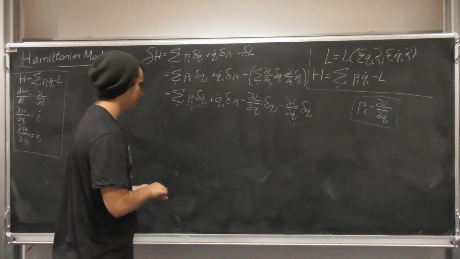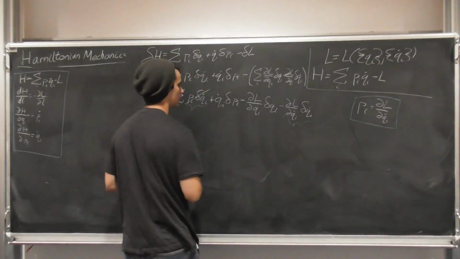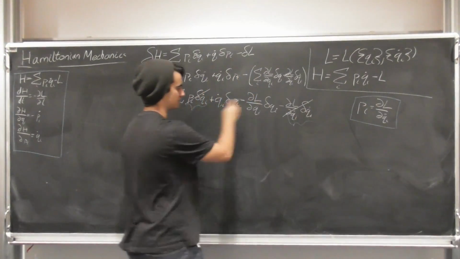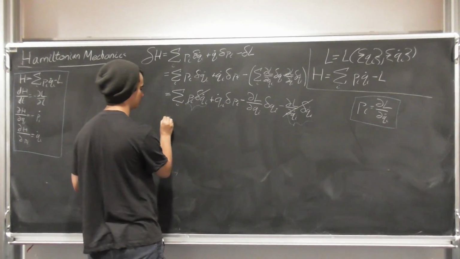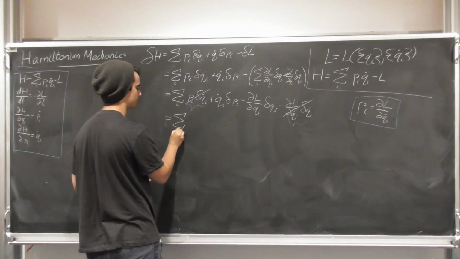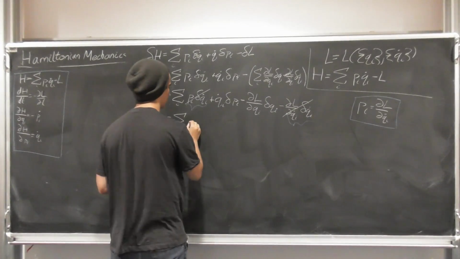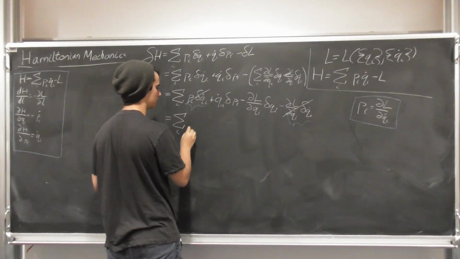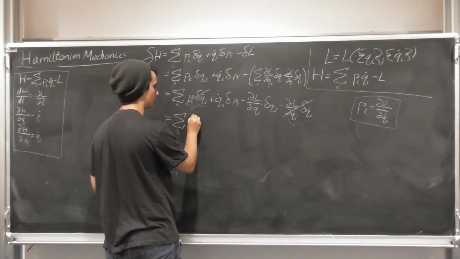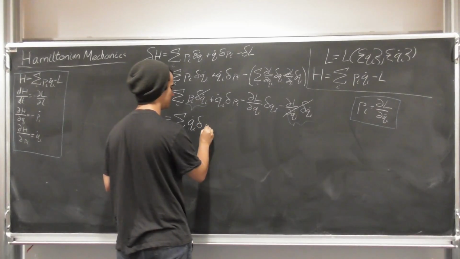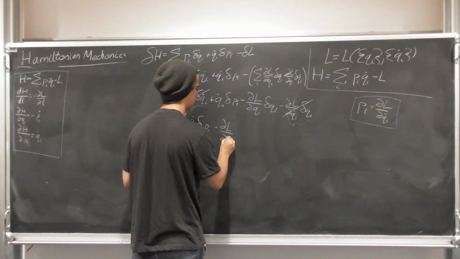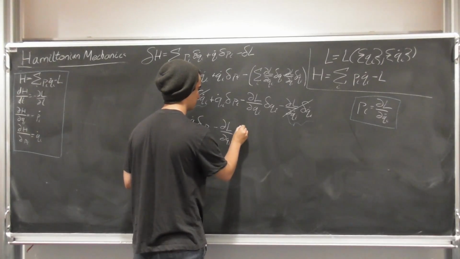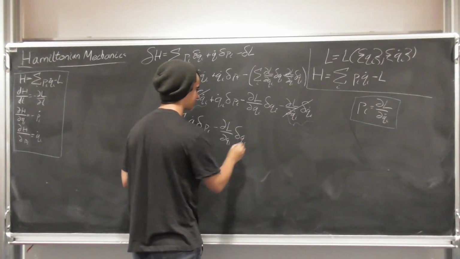So that means that we can cancel each other out because they're taking minus signs, and so we'll have that this is equal to the sum over i of q sub i dot times delta p sub i minus dL/dq sub i times delta q sub i.